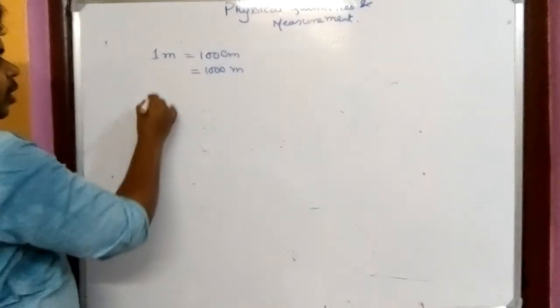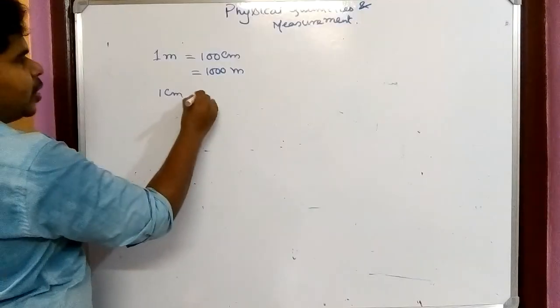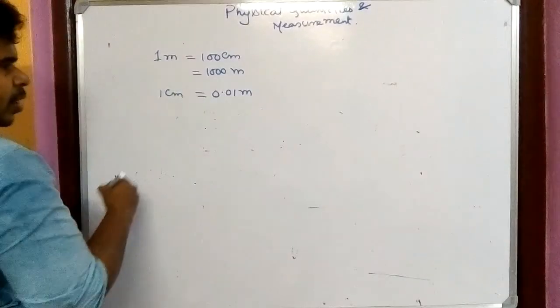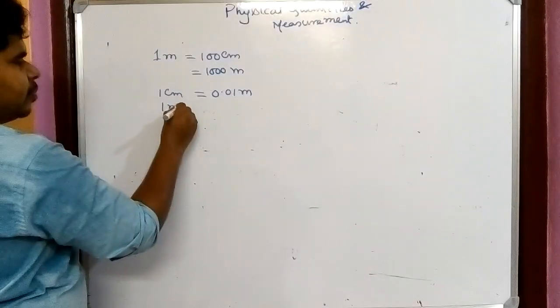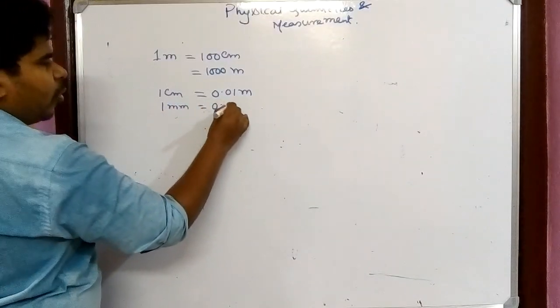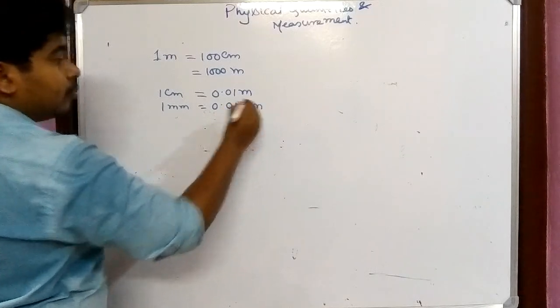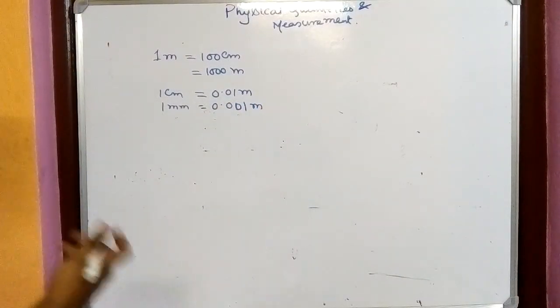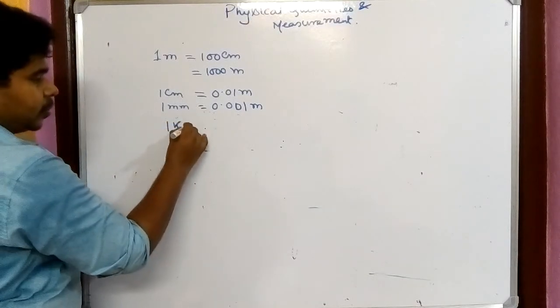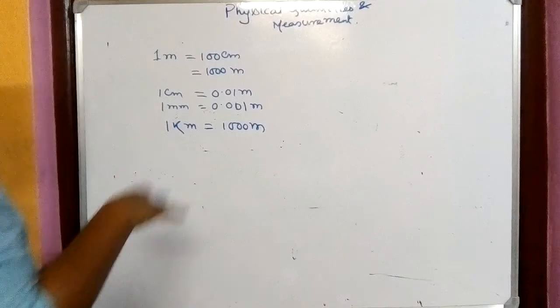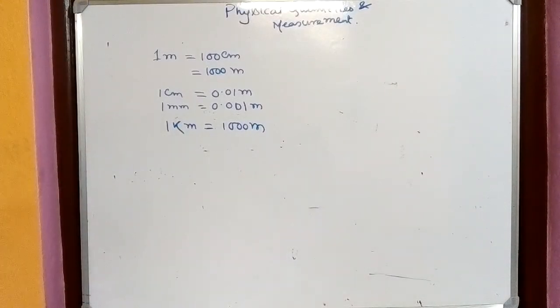In other words, 1 centimeter is equal to 0.01 meter. 1 millimeter is equal to 0.001 meter. 1 kilometer is equal to 1000 meter. So this is the metric system we have already learned in class 6, or class 5, I'm sorry.